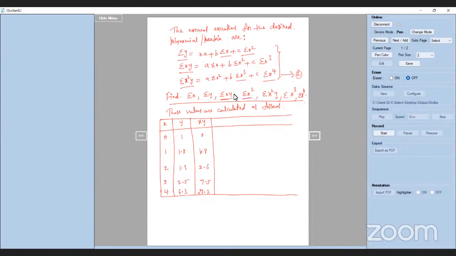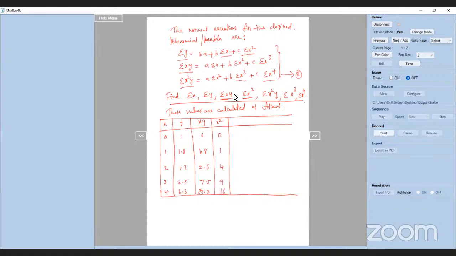Next, summation x square. For that, we have to find the x square values. Take the square of the x values: 0 square, 0. 1 square, 1. 2 square, 4. 3 square, 9. 4 square, 16.